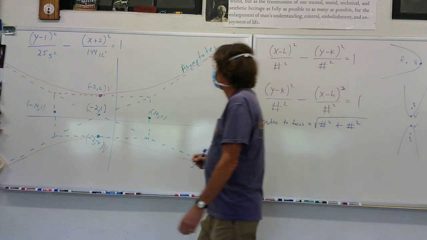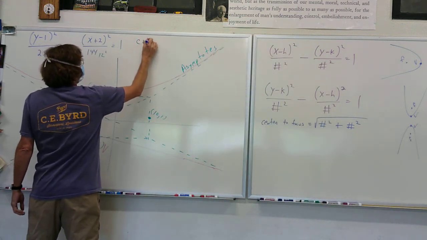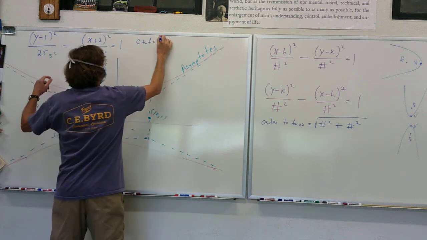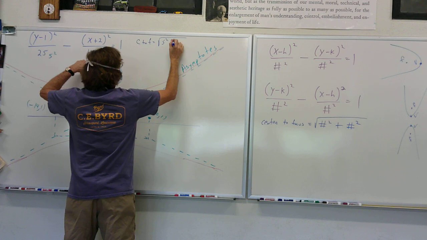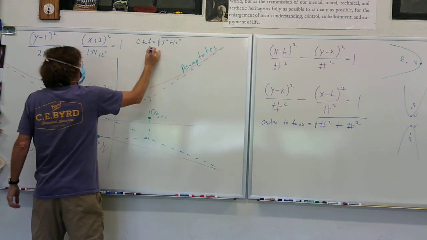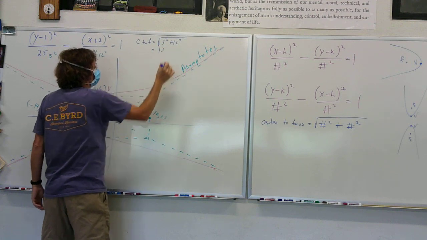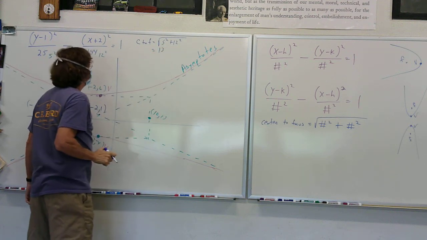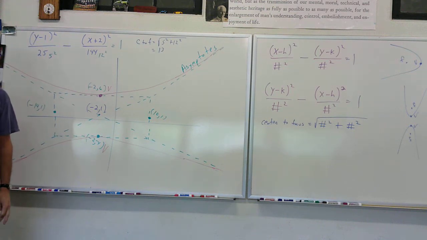So, I'll put it right here. Center to foci equals square root of 5 squared plus 12 squared. Please make sure you square them and add them together first, and you work it out, and you get 13. Okay? You do know you can't take the square root of each one of those separately. Everybody here knows that because you didn't get in here otherwise. Okay, 13.